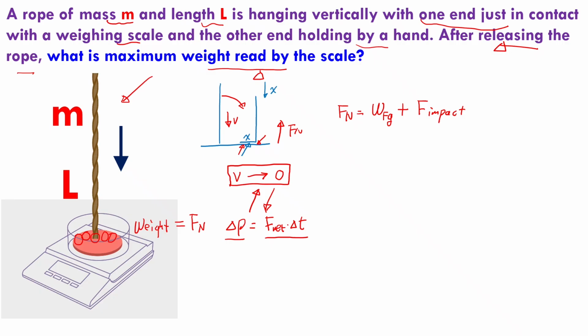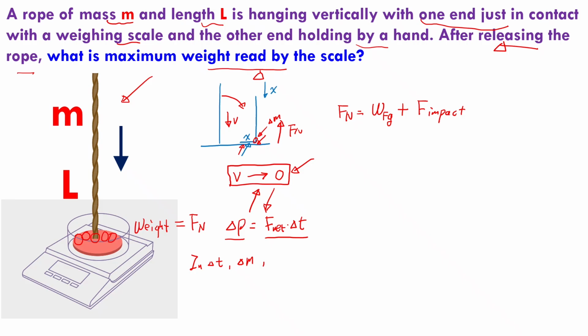And if we pay attention, we notice only the small part of the mass that is in contact with the scale actually experiences this deceleration. So let's assume that in a very short amount of time, delta t, the small mass that is in contact with the scale has a mass of delta m.